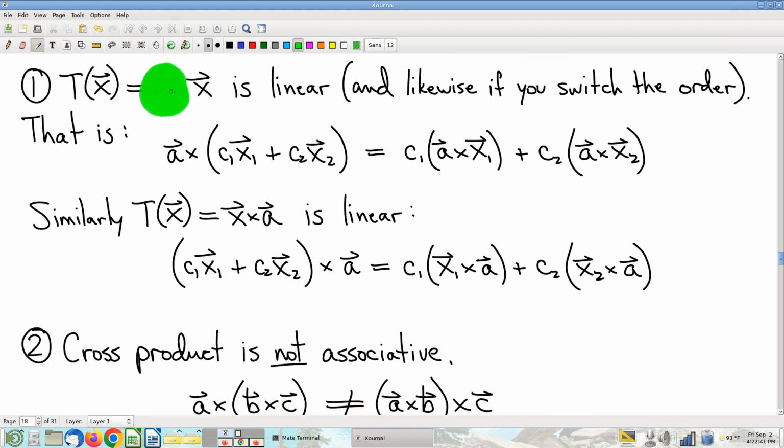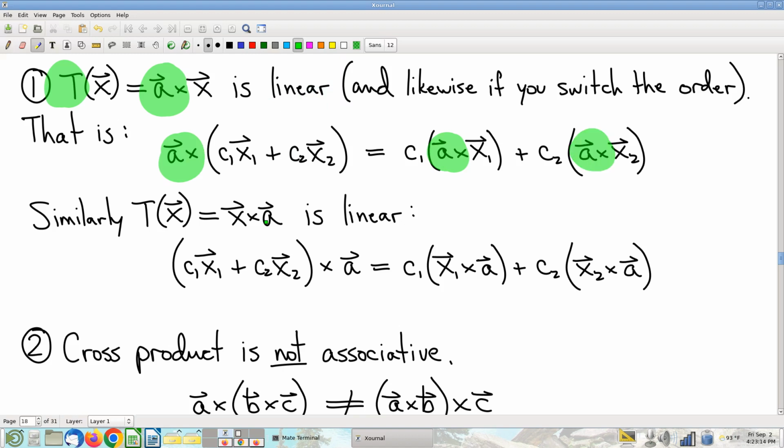Cross product with a given fixed vector can be thought of as a function. It allows you to take any vector x, compute the cross product, and see what you get. And that function, cross product with a fixed vector, is linear. We talked about this earlier this week, I think on Monday. And here all I do is write down what that explicitly means. Here's where the transformation is.